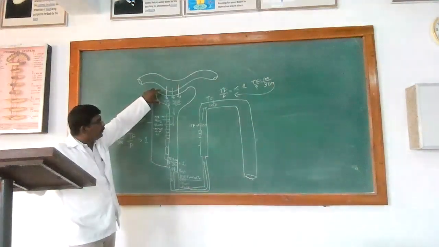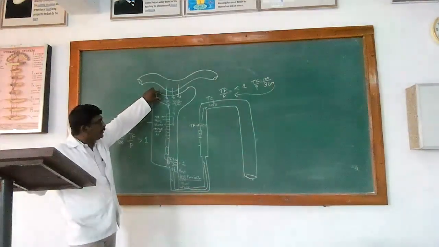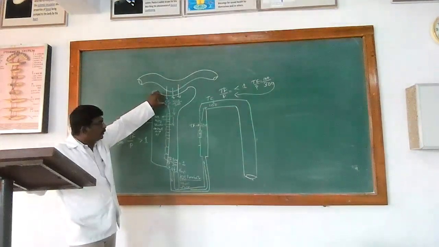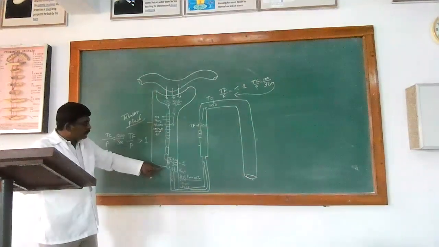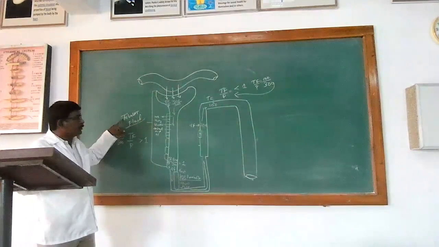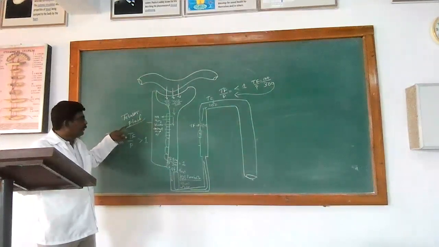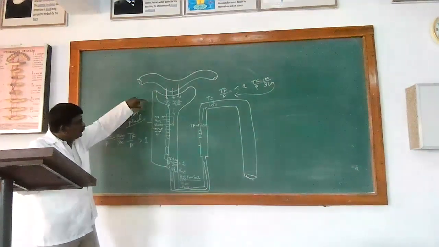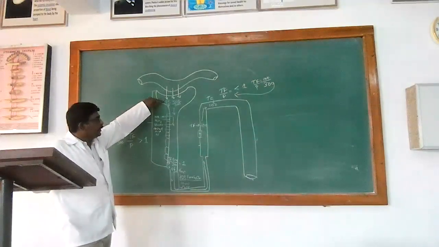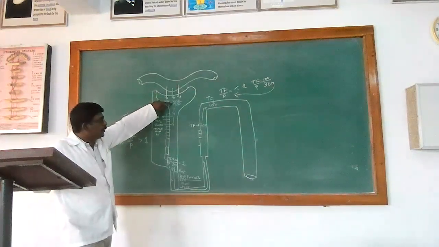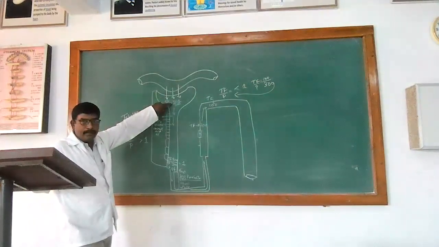The fluid which is filtered into the proximal tubule is called tubular fluid. When it gets filtered from the glomerulus into the Bowman's capsule, the osmolarity of this fluid is 300.